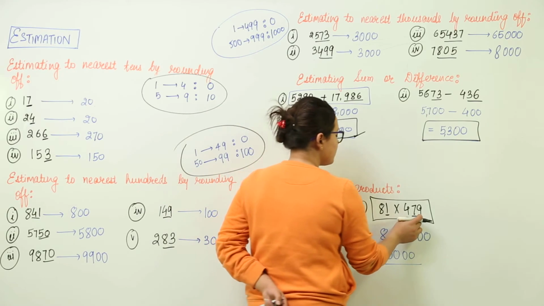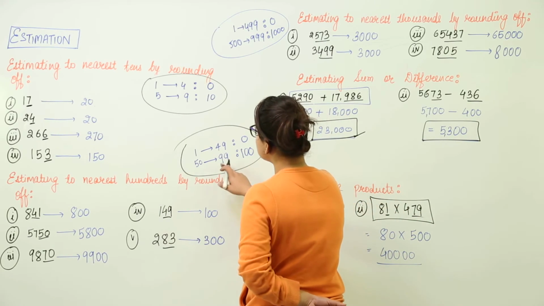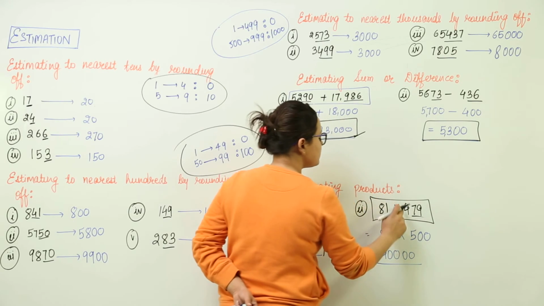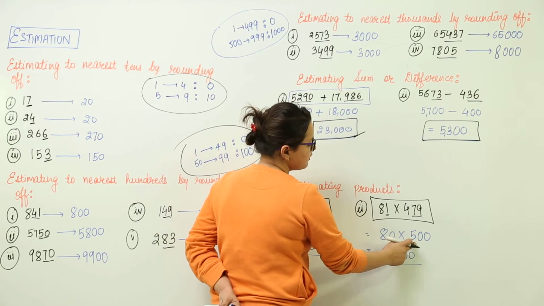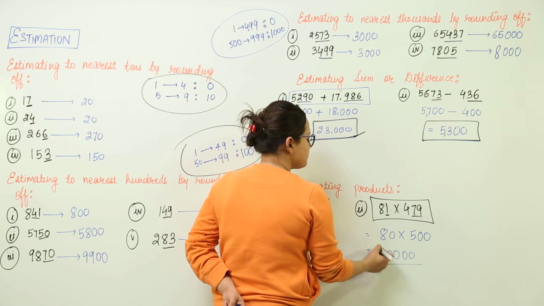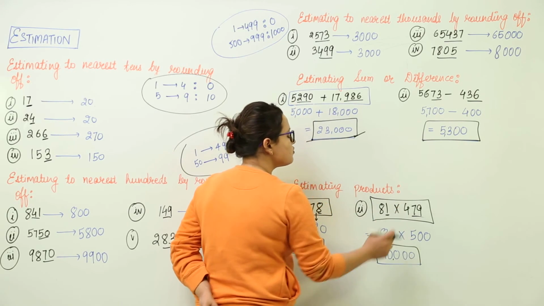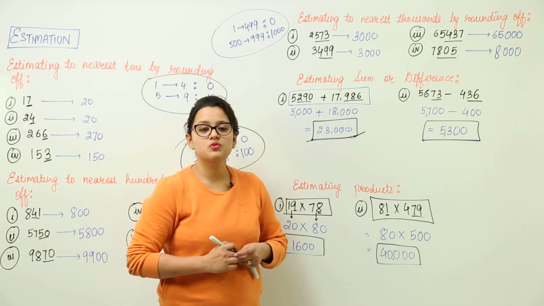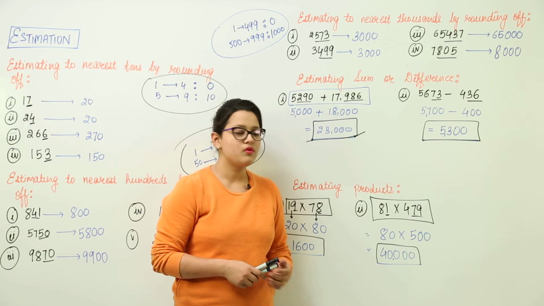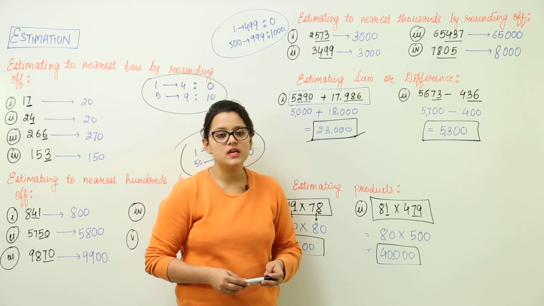So here we have 79. Now 79 is lying here, that means we rounded off to the next hundred. So 479 is rounded off to 500. So when you multiply these, you are going to get 40,000. That means when you multiply 81 and 479, the product is going to be a value which is very close to this 40,000. So that was about the estimations.